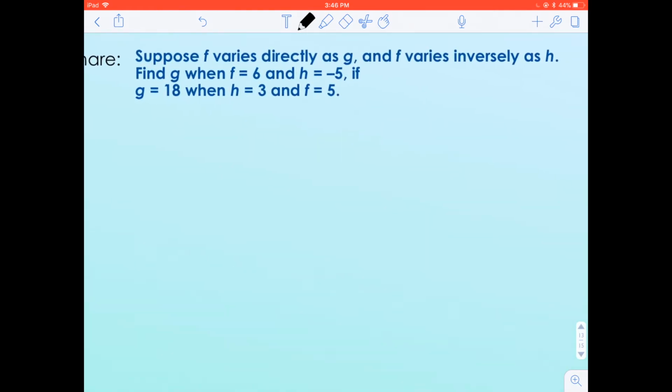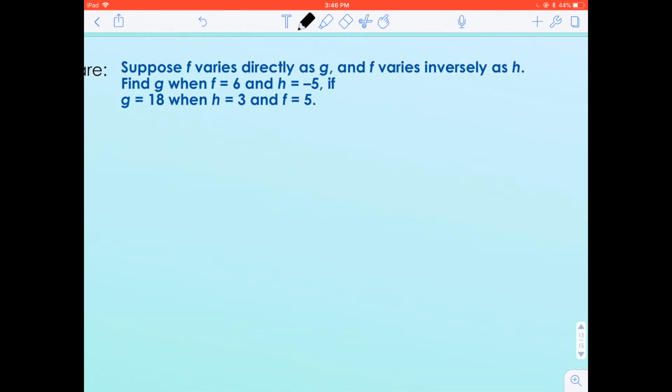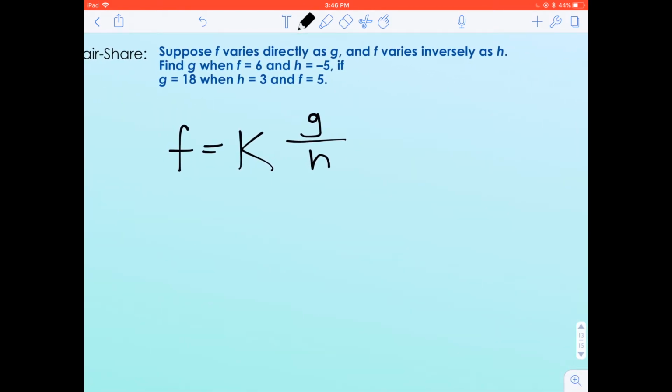All right, so if f varies directly as g and f varies inversely as h. Okay, so whatever is varying goes on the left and we always have k. If it's directly as g, g goes on the top, and if it's inversely as h, then h must go on the bottom. And now it's just a matter of solving. So find g when f is 6 and h is -5.